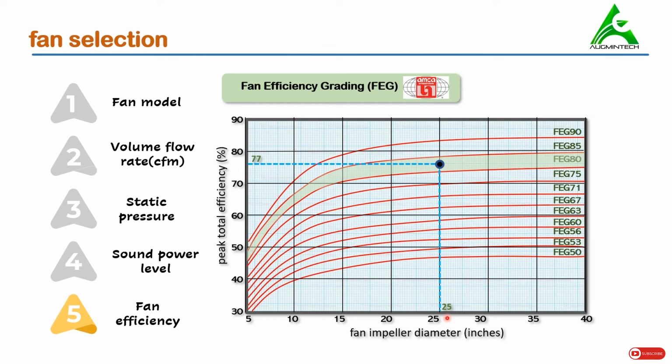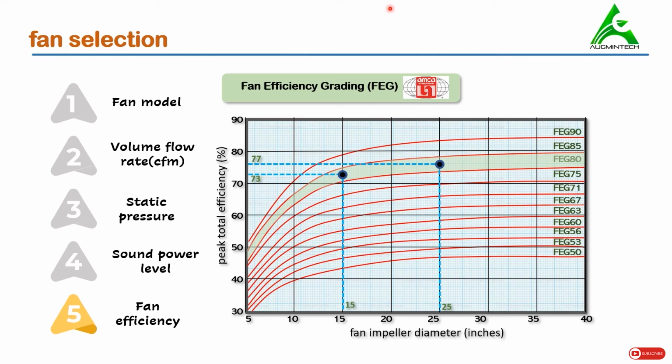And on drawing a line towards the vertical axis, the value is found as 77. This means if there is a fan of FEG 80 with an impeller diameter of 25 inches, it will have an efficiency of 77%. In the same way, if we select another location in the same region, then we get the fan impeller diameter to be 15 inches and its corresponding efficiency is 73%.